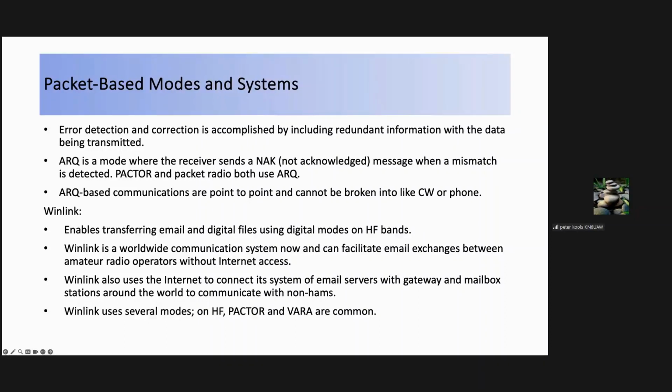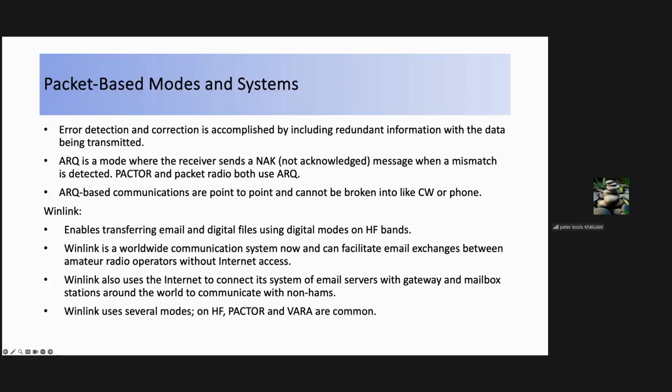ARQ is a mode where the receiver sends a NAK, which is a not acknowledged abbreviation. So a NAK message is sent by the receiver when a mismatch is detected between what the receiver received and what the error detection or redundant information, if you will, indicated should have been received.